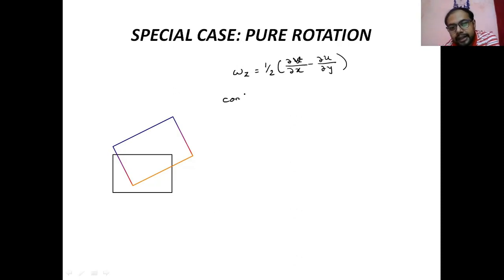I am writing the condition: del v del x is equal to minus del u del y, or vice versa.